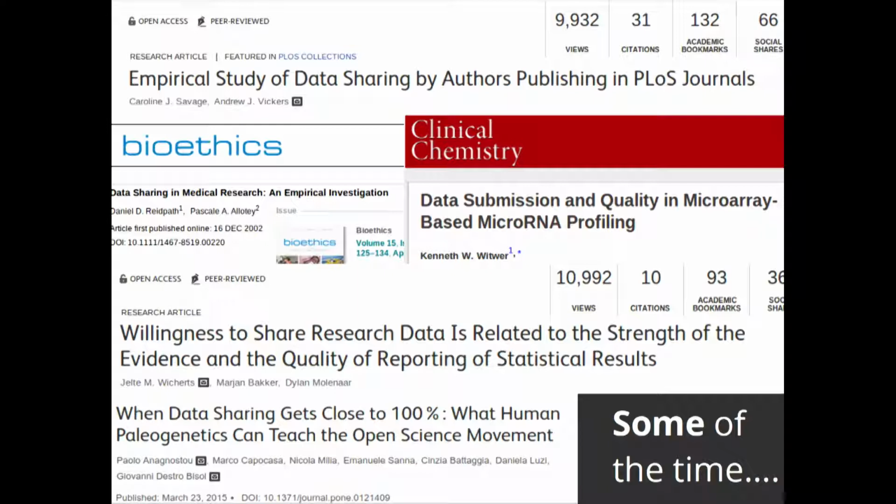I didn't update this slide, so there's been some more articles more recently. Basically, we share data some of the time, and it really differs depending on your particular research community. An interesting paper just recently, March 2015: human paleogenetics have become very good at data sharing. This team found that data sharing was getting close to 100% of papers that they looked at.